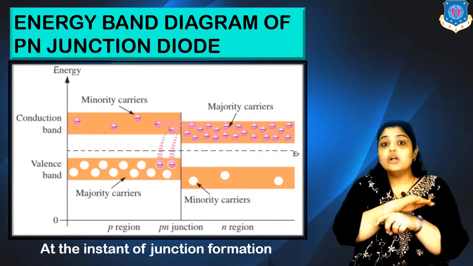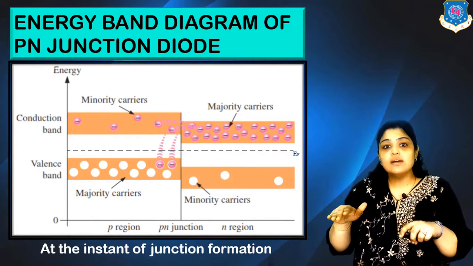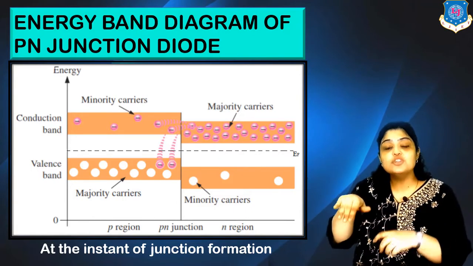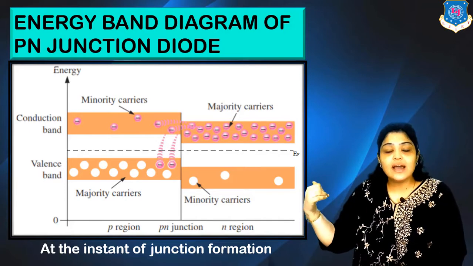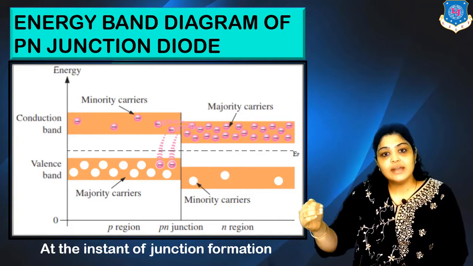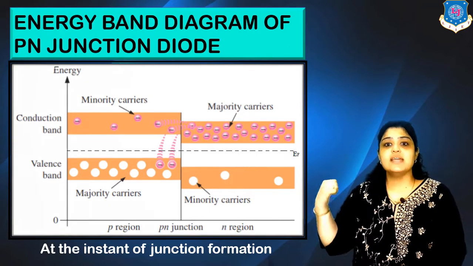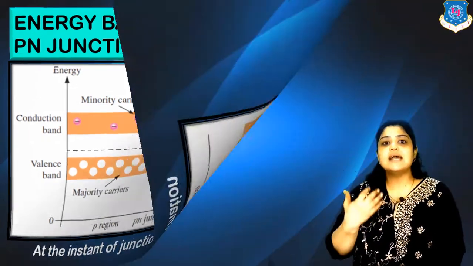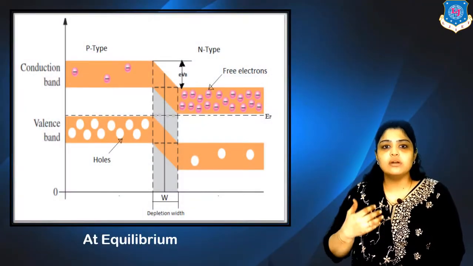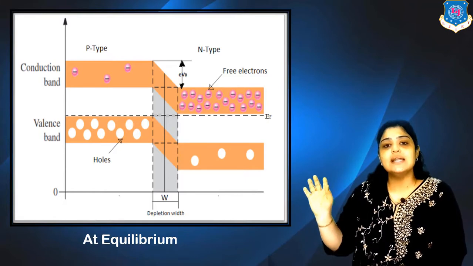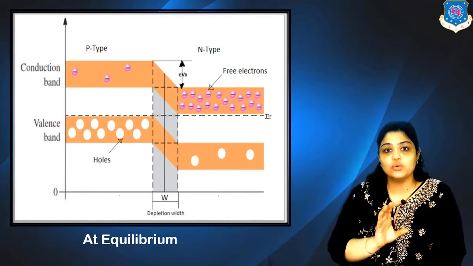But to align these Fermi levels together, the conduction and valence bands have shifted. You can see in the diagram that the conduction band of p-type is above the conduction band of n-type. Clear? That is the instant when the junction is formed. Let's understand it a bit more elaborately. In this diagram, the condition at equilibrium is shown.